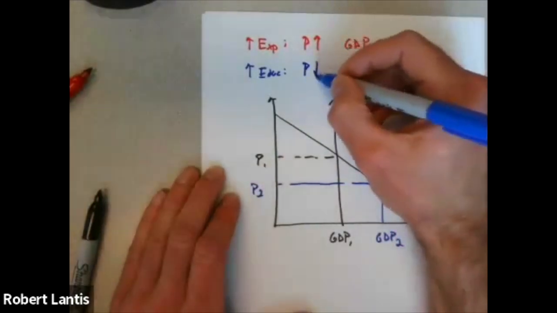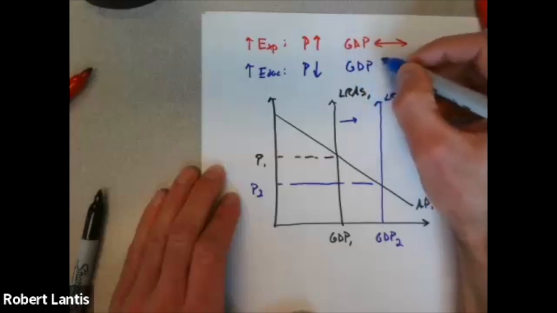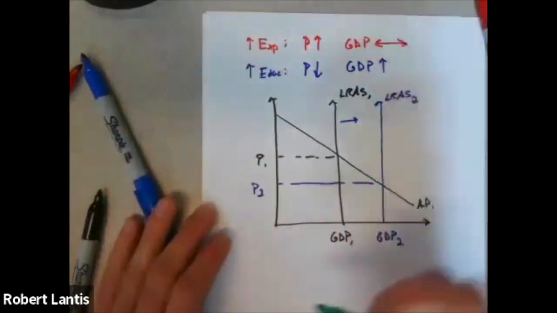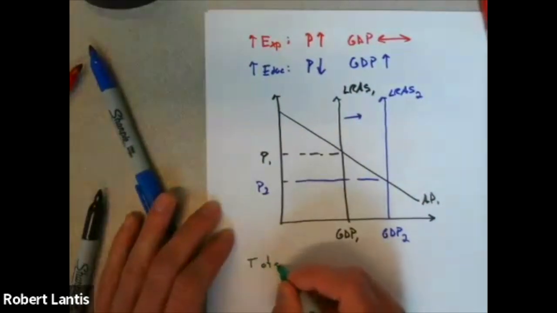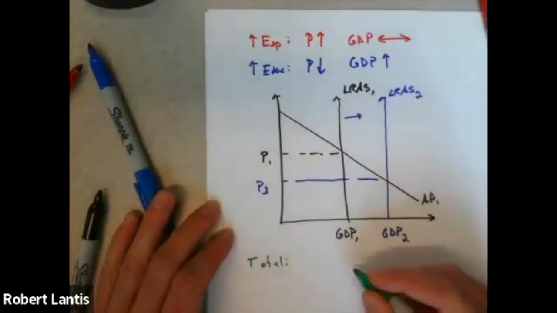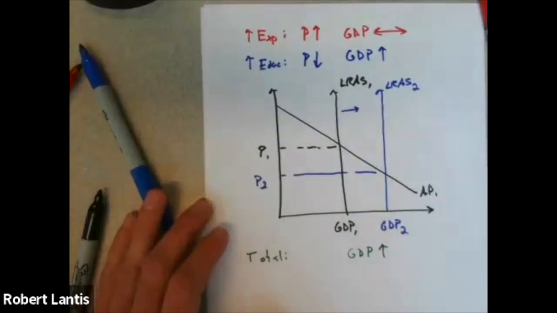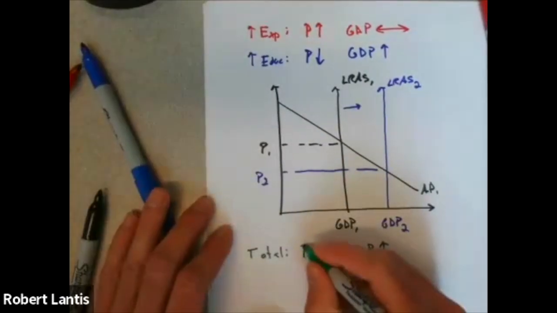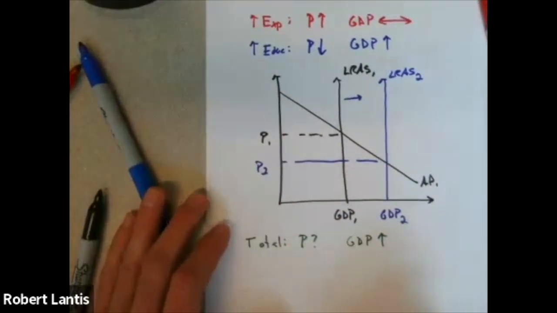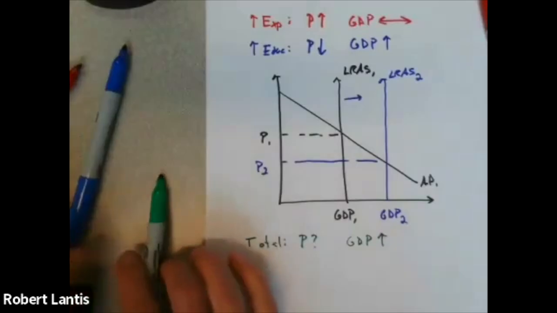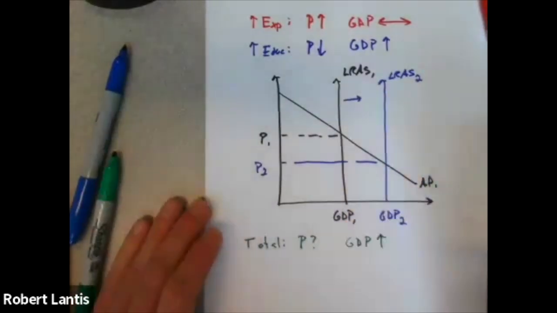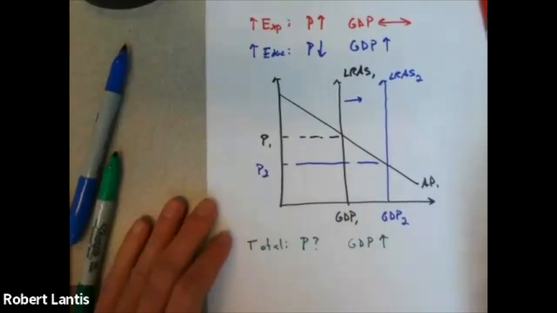So prices are going down, and long run GDP is going up. Thinking about the total effect, one of them is not changing GDP and the other is increasing it, so GDP is going to have to go up. But what's going to happen to prices? Indeterminate, right? The only way I'd know is if I knew which of these effects was larger.